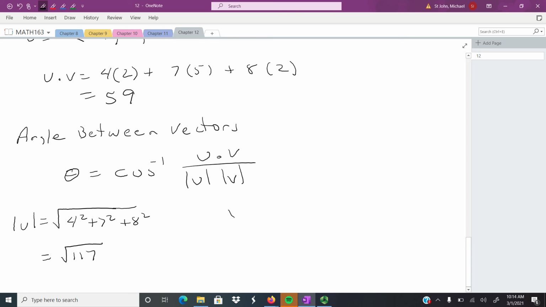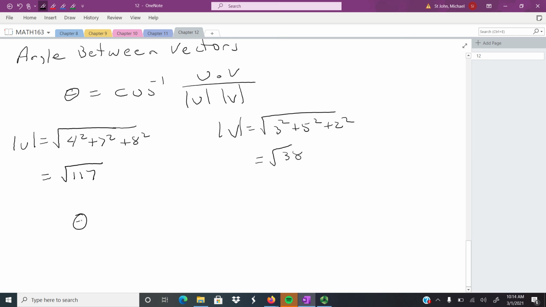And then for vector v, my magnitude is 3 squared plus 5 squared plus 2 squared. And this will give us the square root of 38.